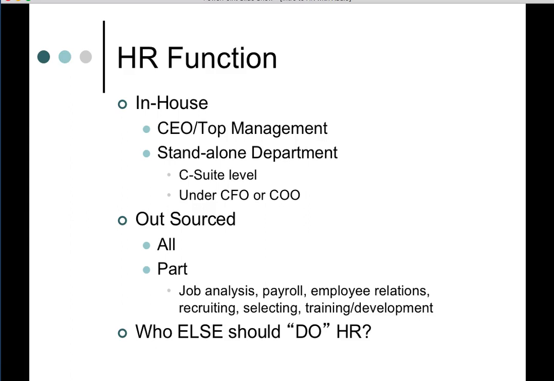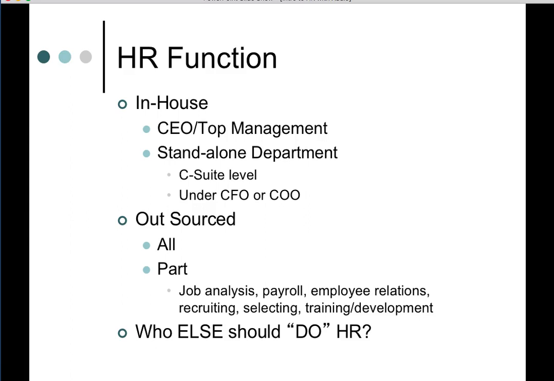They value what HR can bring to the table and what HR can do to benefit organizations. So at that C-suite level, again, we call it the chief people officer. And we see these C-suites in companies like Yahoo and Google and Southwest Airlines, right? These are people that work at the top management team, and this is a company that values people as much as they value money or operations or marketing or any of the other C-suite positions.